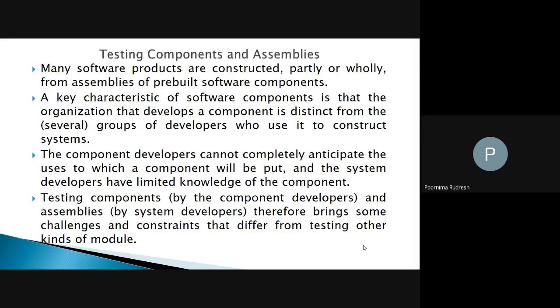Each can use their own method to develop the components, and when we combine components together to form the software product, they may be used in different ways by different users.